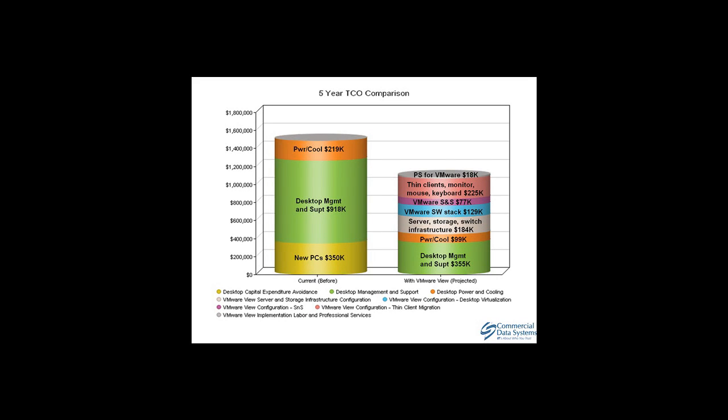And then under that, in the gray bar, that's the infrastructure pieces that I've decided I needed. The servers, the storage, the switch ports, etc. And finally, at the very top is that implementation cost for the professional services for VMware. So the total cost savings, given my 500 PC replacement effort, is about $401,000 over that period.